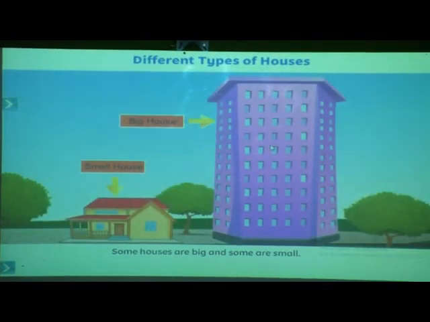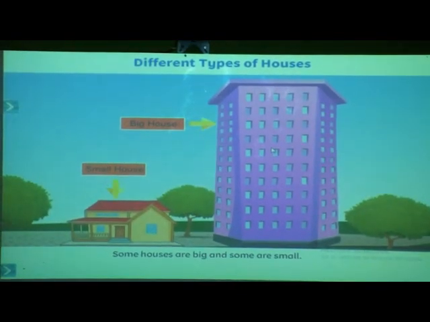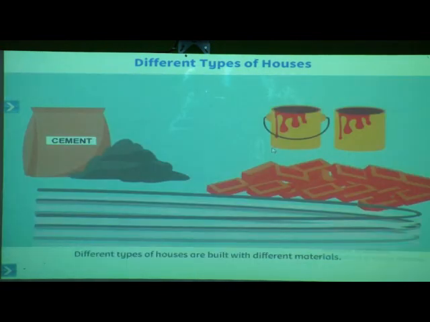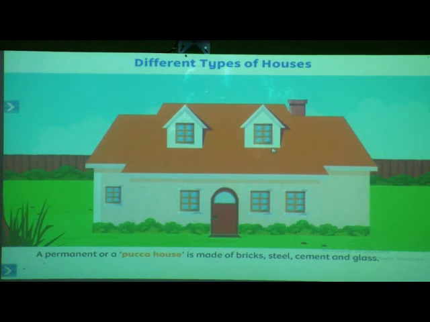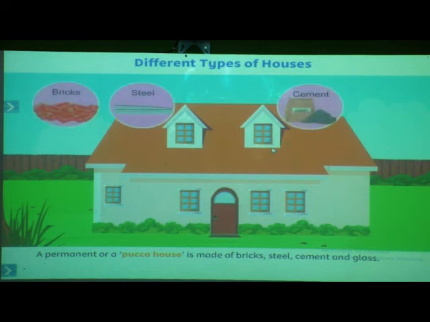Some houses are big and some are small. Different types of houses are built with different materials. A permanent or a pakka house is made of bricks, steel, cement and glass.